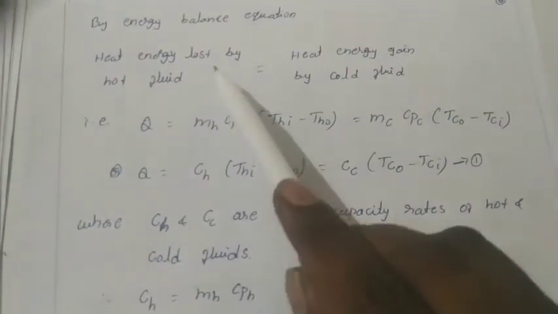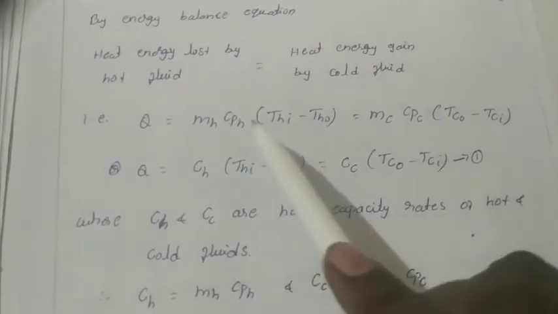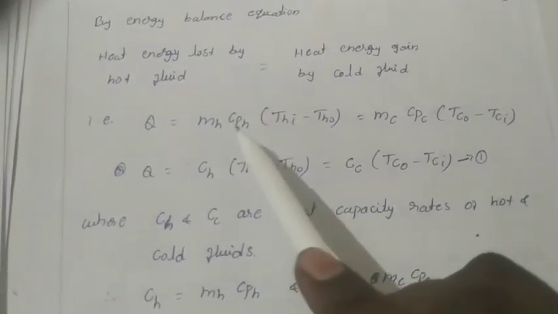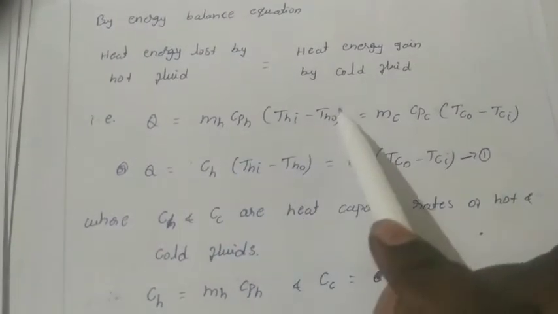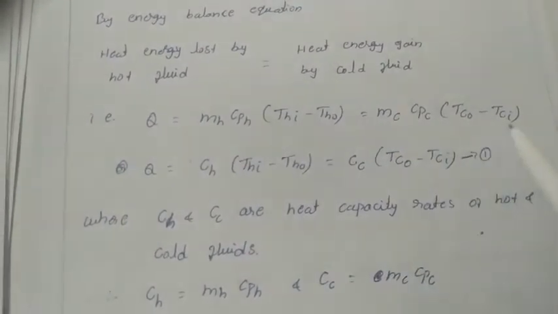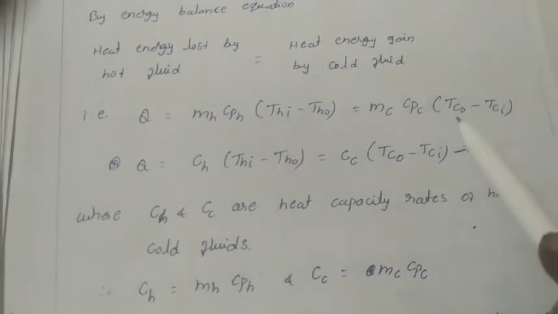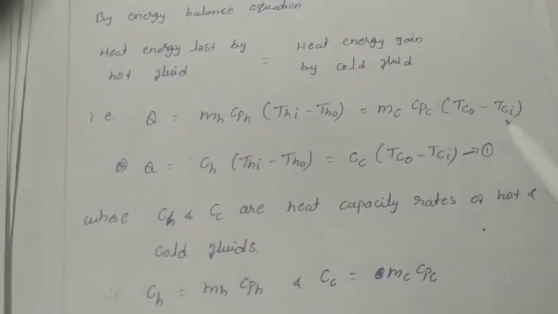Q, the heat transfer rate, can be expressed as mH into Cph into Thi minus Th0. This is for the hot fluid, and for the cold fluid it is mc Cpc into Tc0 minus Tci.